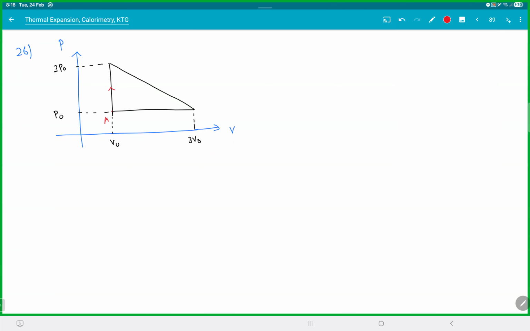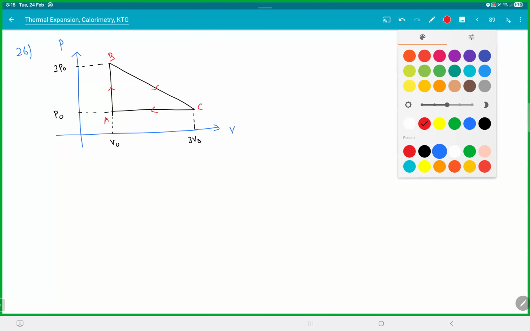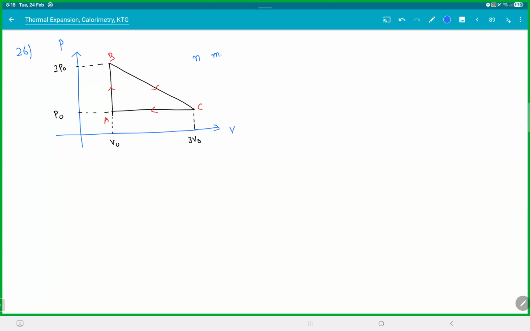This is ABC, and this is how the process is going on. It is n moles of ideal gas.